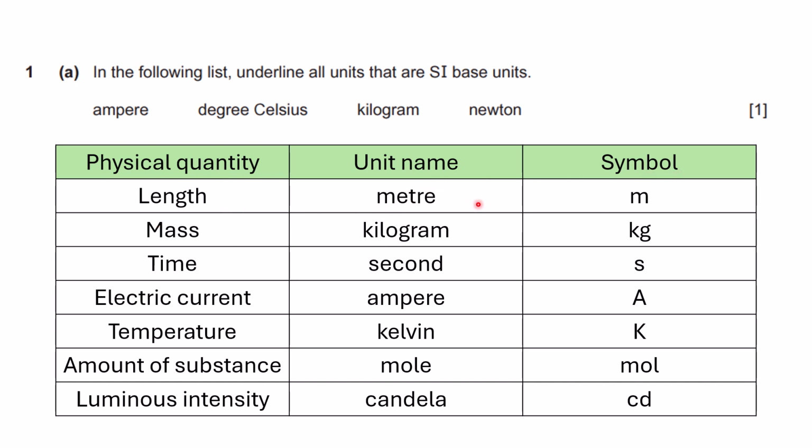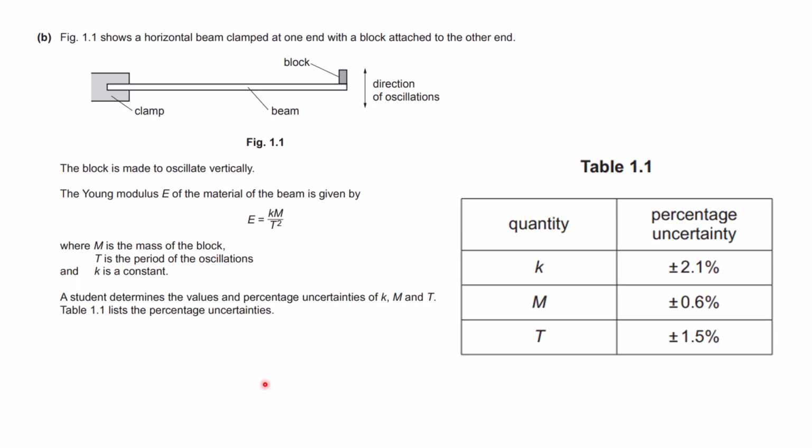Length, meter, m, mass, kilograms, time, seconds, electric current, ampere, temperature, Kelvin, amount of substance, mole, luminous intensity, candela. So to answer this question, we have ampere and kilogram only as SI base units.